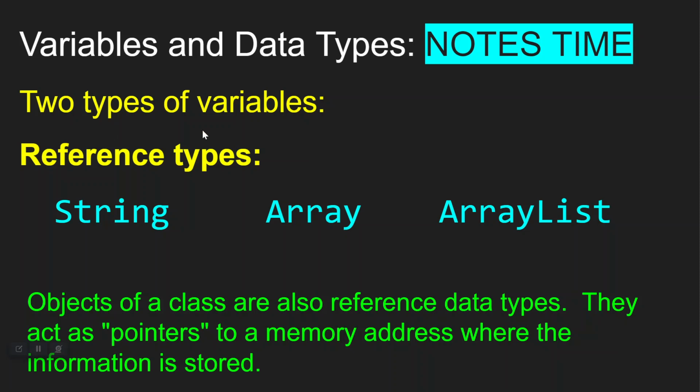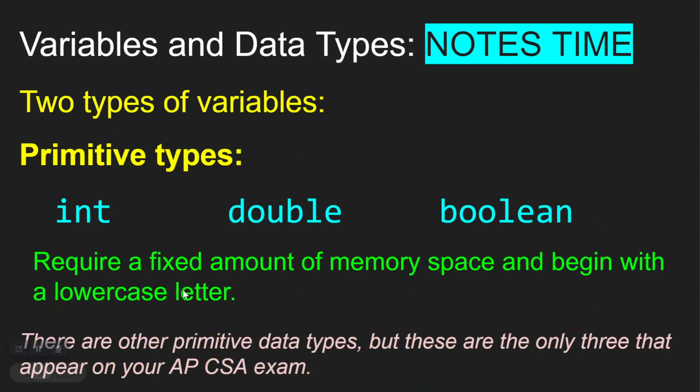Reference data types are a little bit different because with primitive data types, you only need a fixed amount of memory space. For a boolean, for instance, you literally only need a single transistor to be on or off to represent true or false, or yes or no. Ints and doubles require a little bit more, but again, they don't require very many.